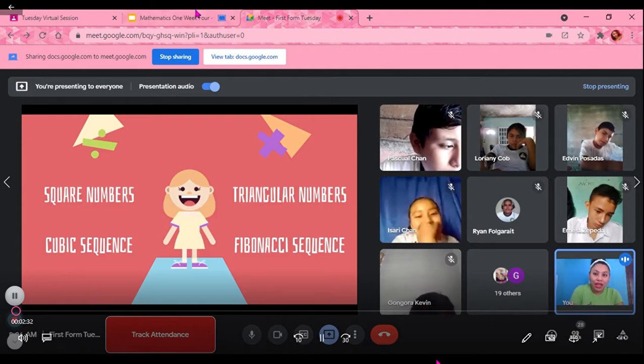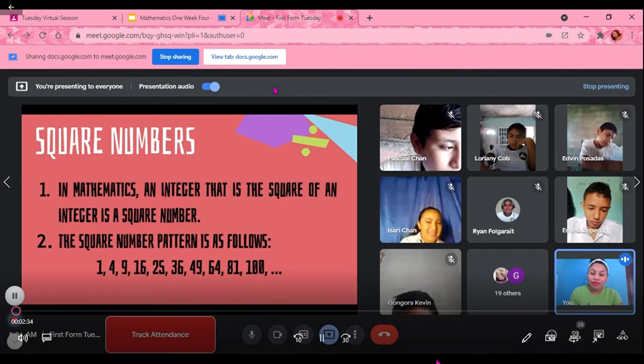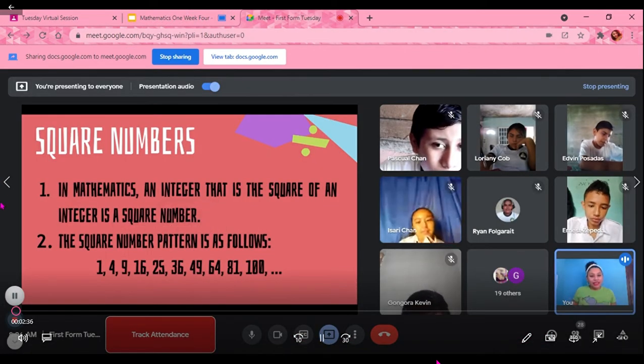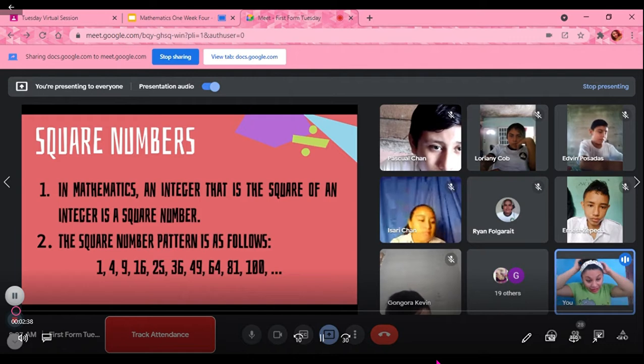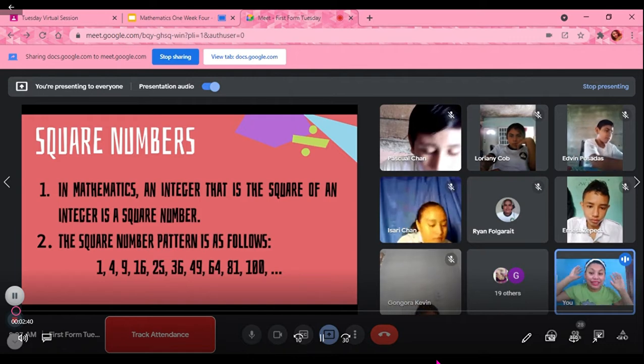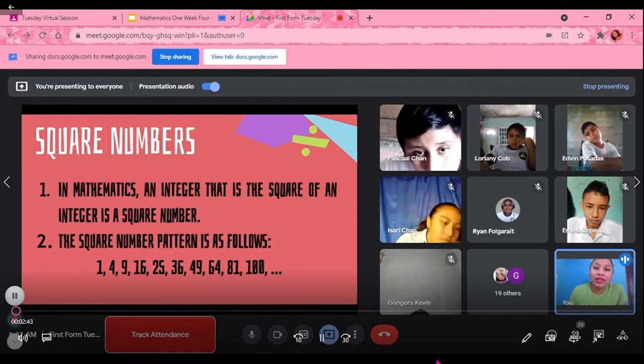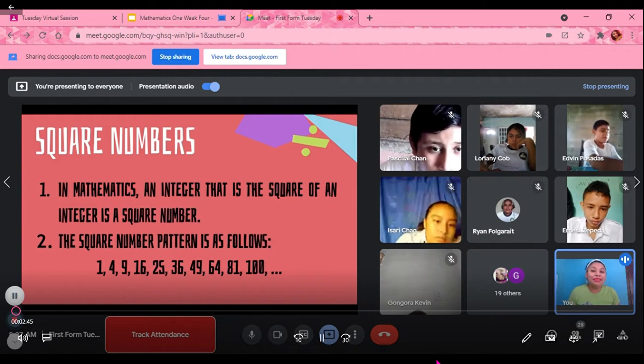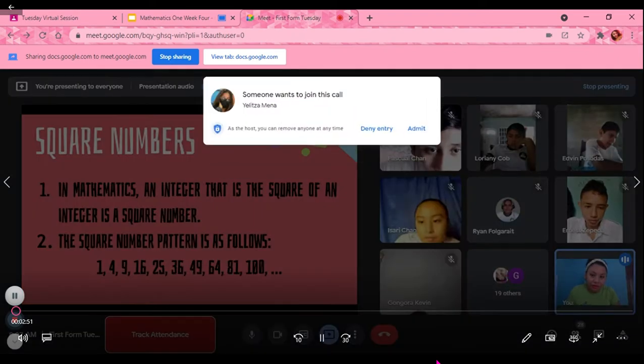All right. So now we're going to start off with the first one, and the first one is easy to understand and to identify. The pattern that we call square numbers in mathematics is an integer that is a square of an integer.